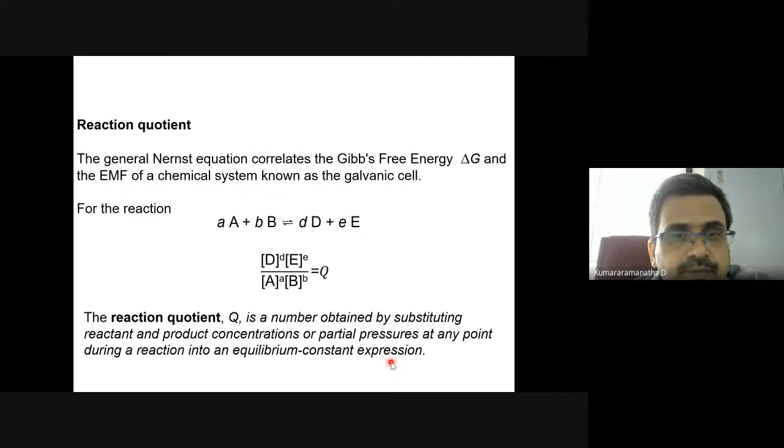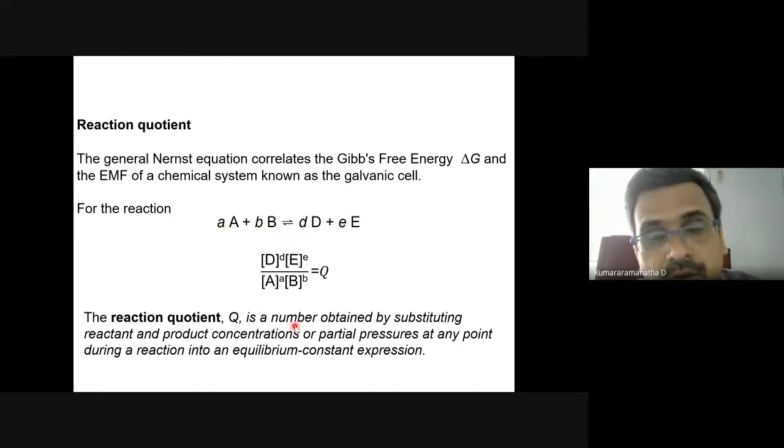Now, one more thing that I think everyone should observe carefully: we have looked at the reaction constant or equilibrium constant. Now, what is the reaction coefficient? Here you can use the general Nernst equation, for example for a galvanic cell and all. For a general reaction, you have reactants and you are getting products, and these are the numbers of moles and concentrations, A, B, small a and so on.